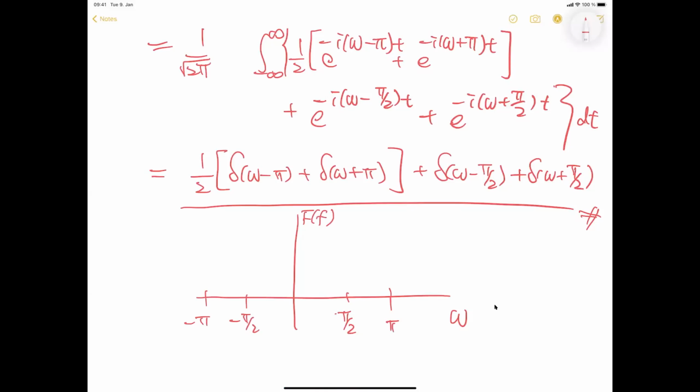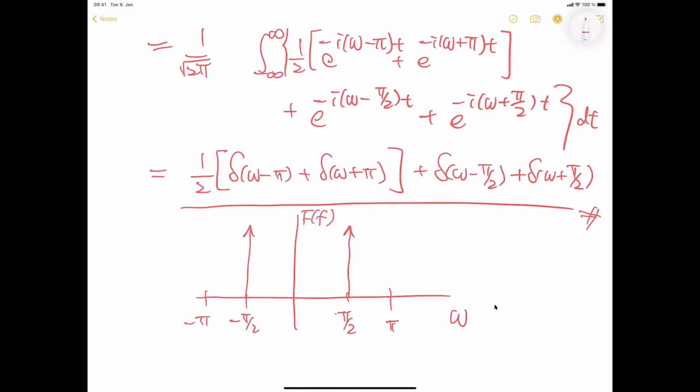At plus or minus pi over 2, you have a strength of this delta function of 1. This arrow means strength, because the delta function is infinite anyway, so it's only meaningful to talk about the strength, which is the integral of the delta function.